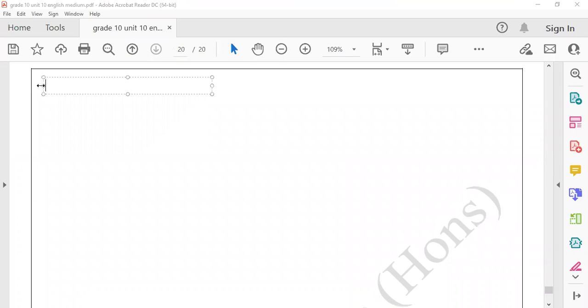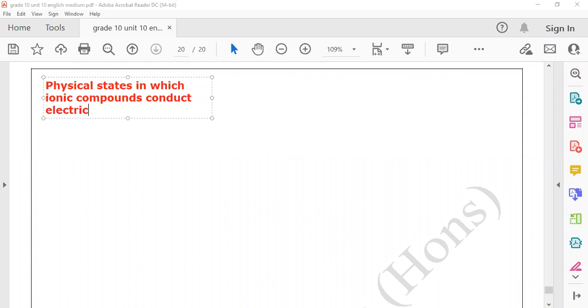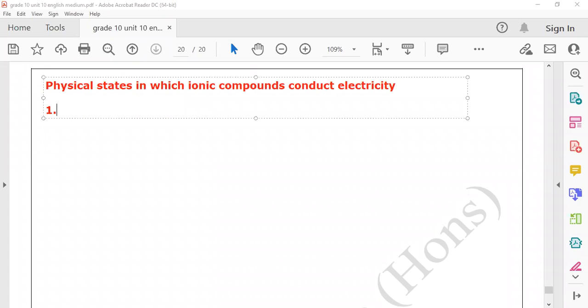Now, my children, write down the physical states in which ionic compounds conduct electricity. In which physical states will ionic compounds conduct electricity?